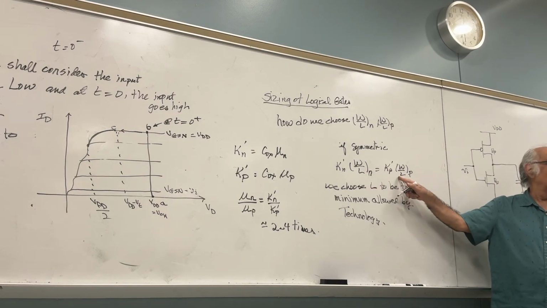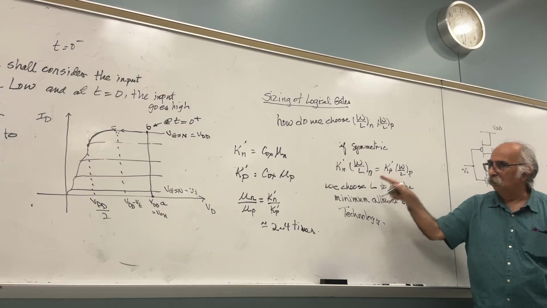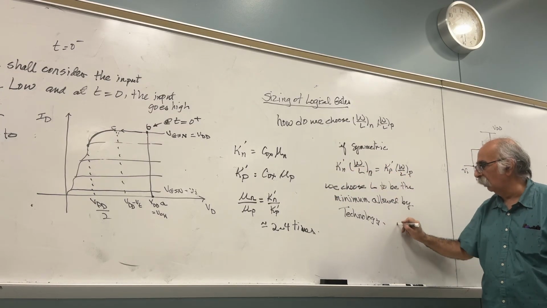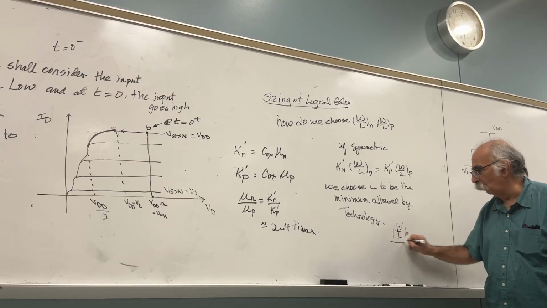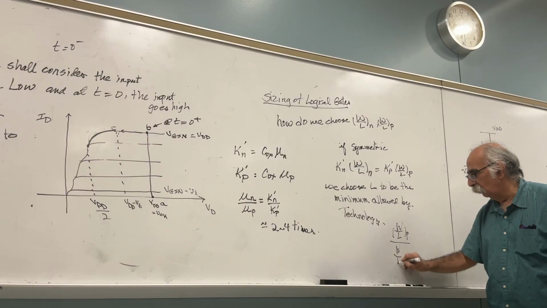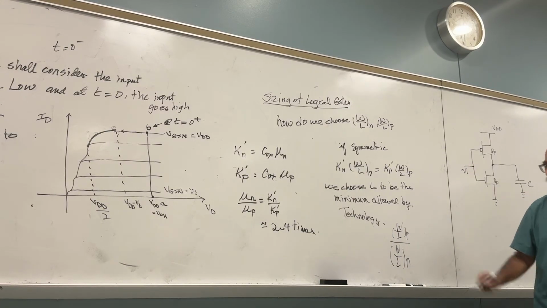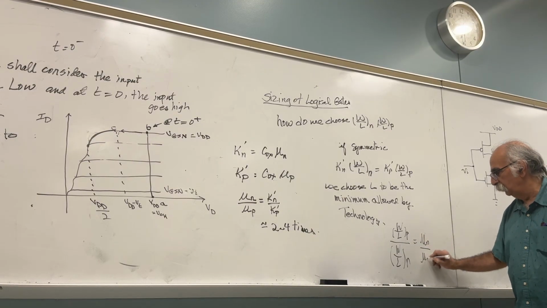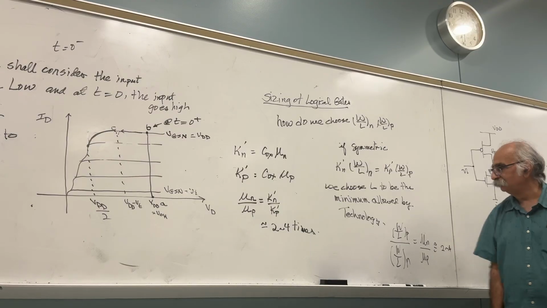Kn prime over Kp prime is equal to W over L P over W over L N, equal to mu N over mu P, which is roughly 2 to 4.